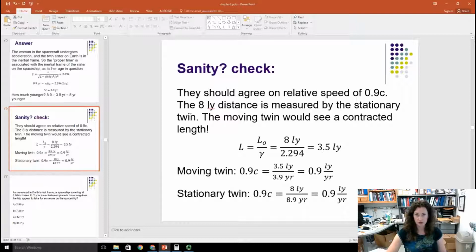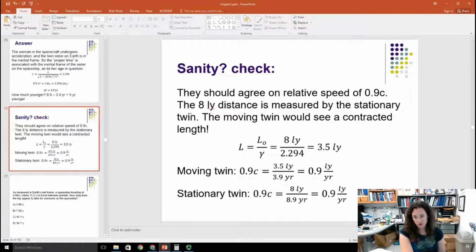The person on Earth starts, comes back, it's a fixed point, okay? Nothing's changed there. So you have 8 light years divided by 2.294, and that gives you 3.5 light years as measured by the twin on the spaceship. So the twin on the spaceship thinks she only traveled 3.5 light years.